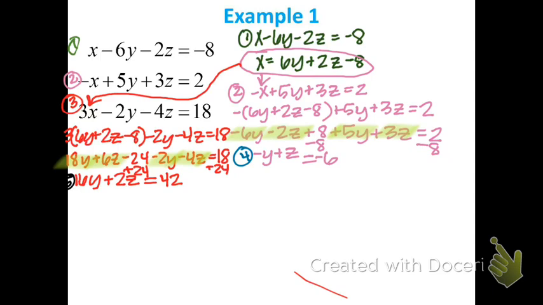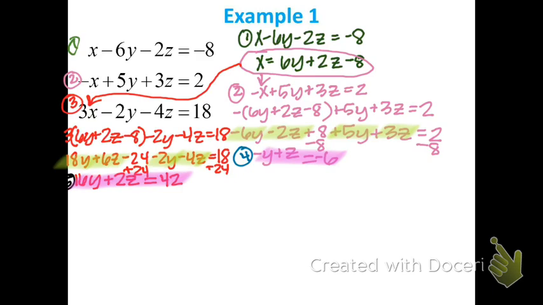Now I'm probably going to run out of room, but we'll see. I'm using equations 4 and 5 to solve a 2x2 system. They both have y and z, so we can solve a 2x2 system.